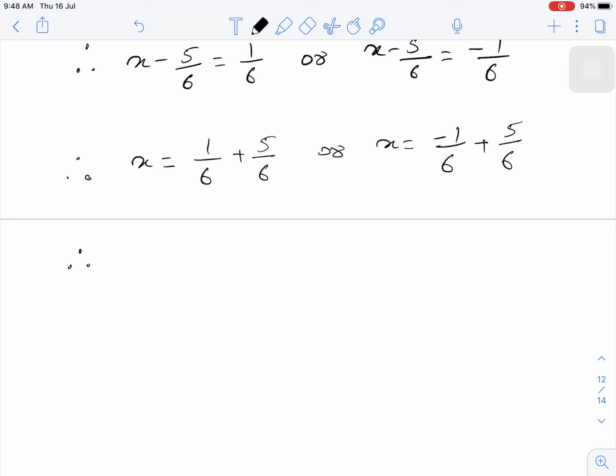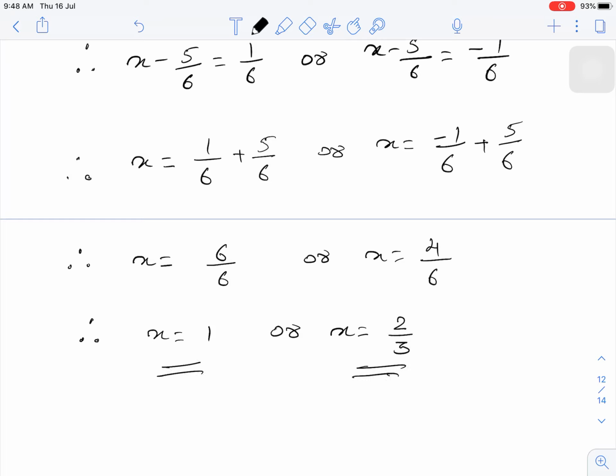Therefore x equals, now both of these have the same denominator, so we can add the numerators, so you will get 6 upon 6, or x equals, here they have opposite signs, so 5 minus 1, you will get 4 upon 6. So therefore x equals 1, or x equals 2 upon 3 is the solution of this equation.